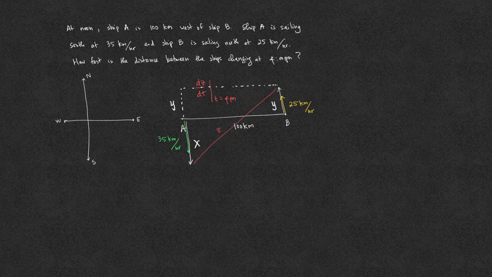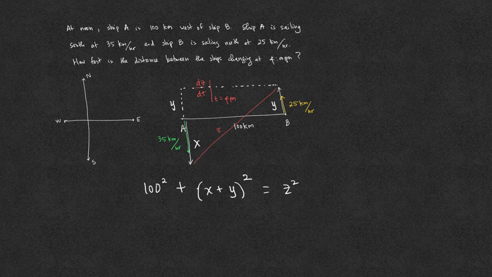And so by looking at this, we simply have 100 squared, which is the horizontal distance, plus (x plus y) squared, which is the vertical distance, equals z squared. We avoided working with two triangles.